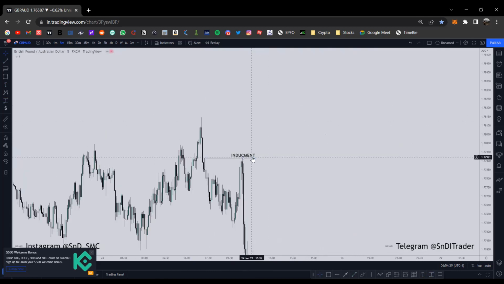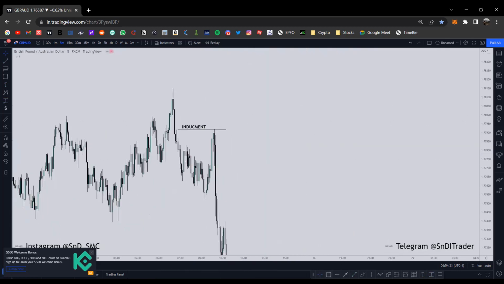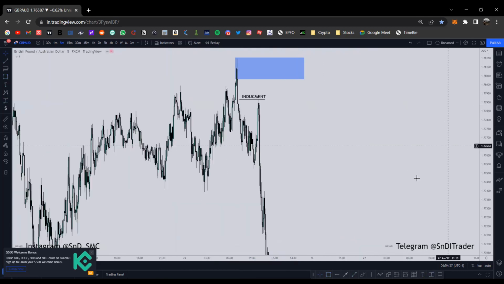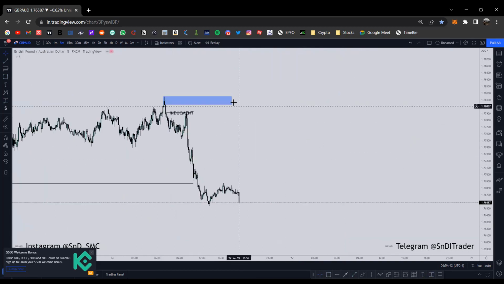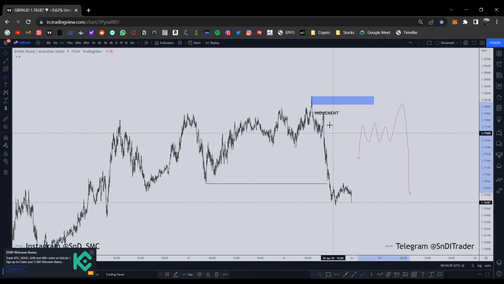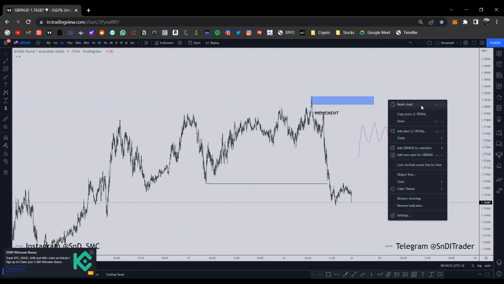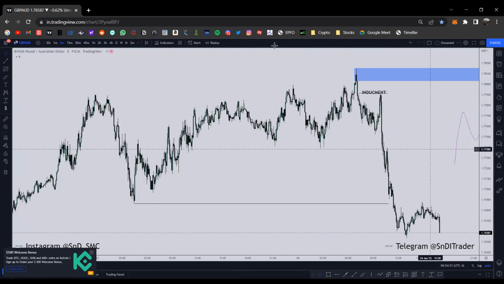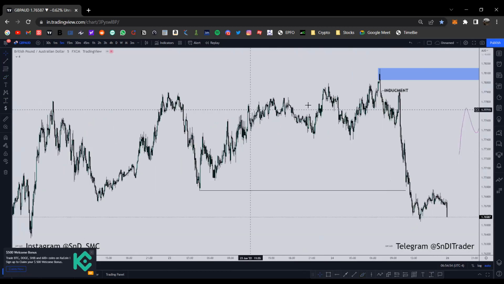You might have a point of interest just at this candle, and you can look for sells in here. That can happen, that cannot, but this is how I use the inducement thing.